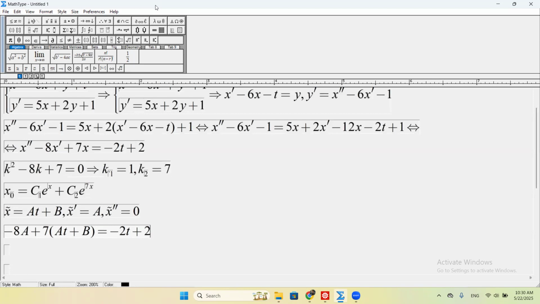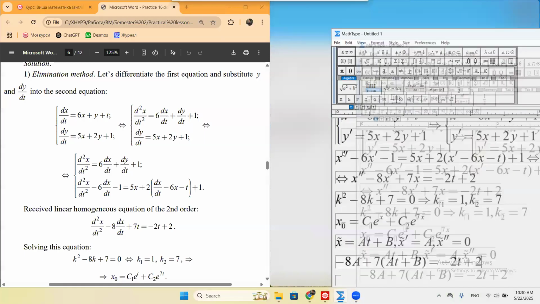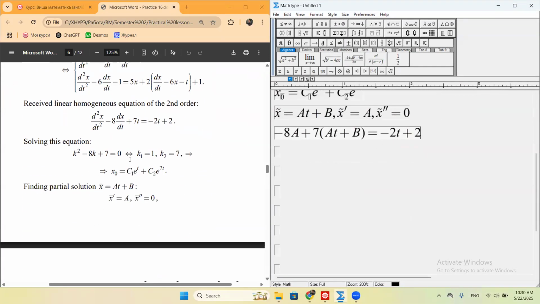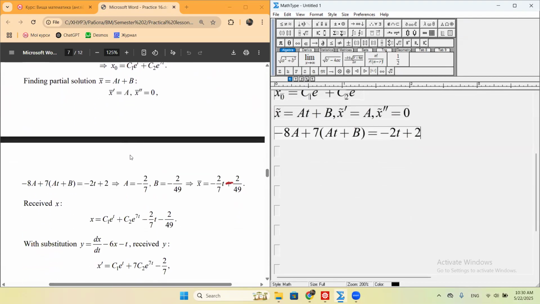I will not solve this equation now, I will just write down the answer. So the undefined coefficients are the following. So a equals minus 2 over 7, b equals minus 2 over 49.